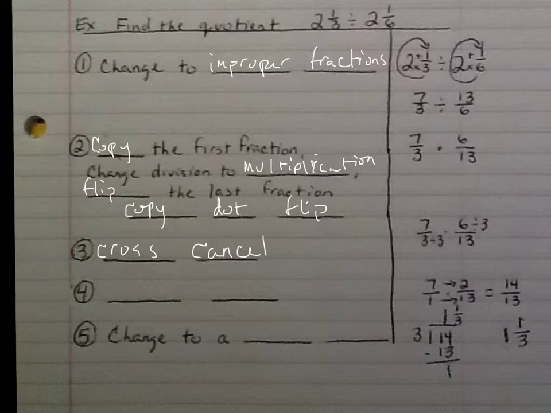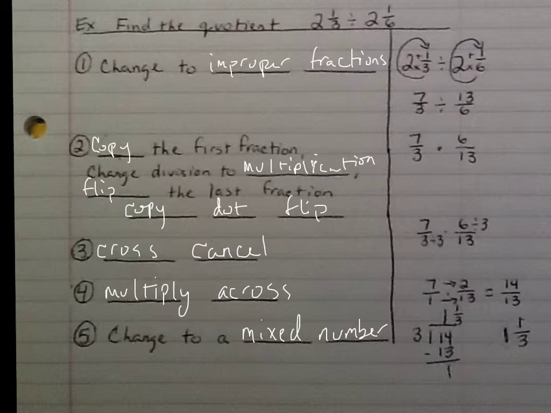And after you cross cancel, hopefully you remember the next step. That's just going to be to multiply across. And finally, once you've multiplied across, if you have an improper fraction as your answer, you have to change it back to a mixed number.